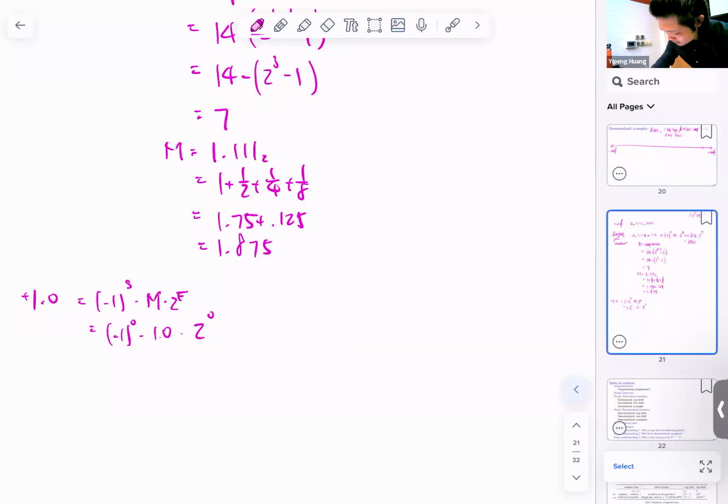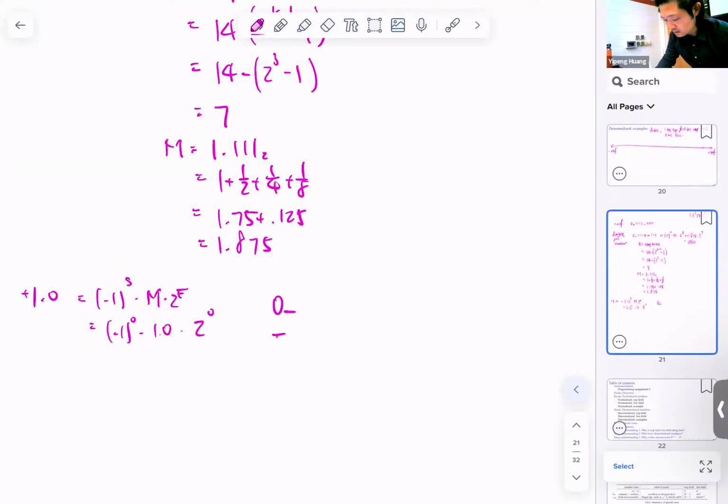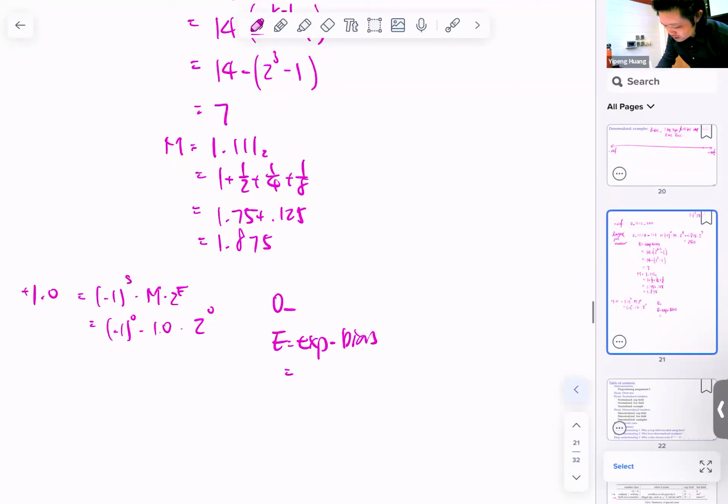So how do we encode this as a binary number? What's the sign bit? 0. What's the EXP field? What's the rule for decoding or encoding EXP? Now it's a different set of unknowns. We know what the target E should be. That should be 0.